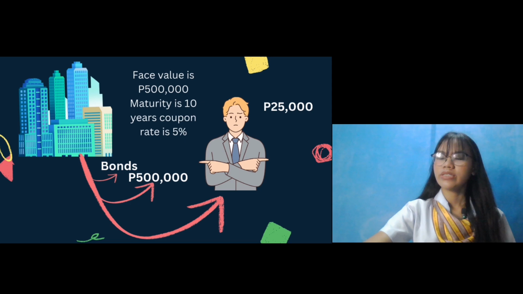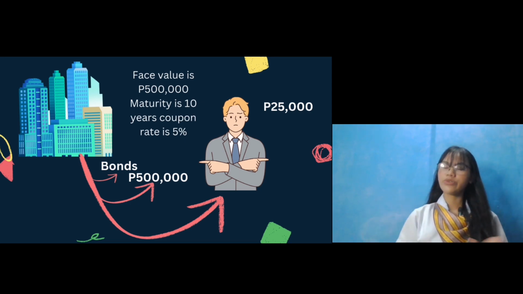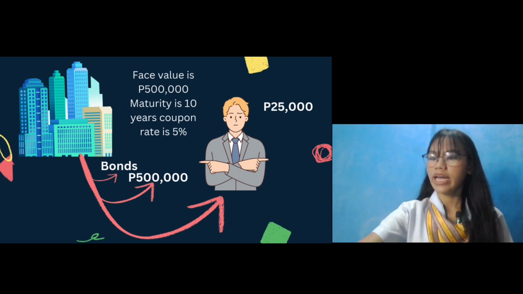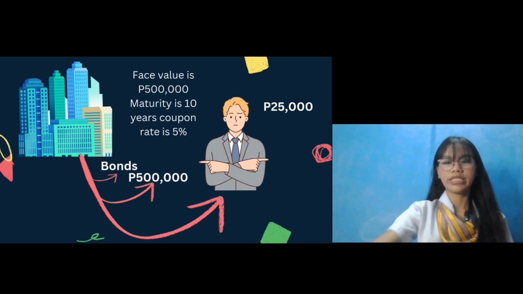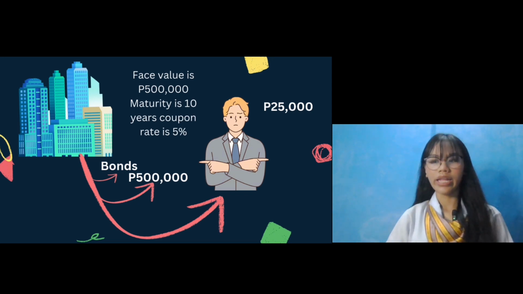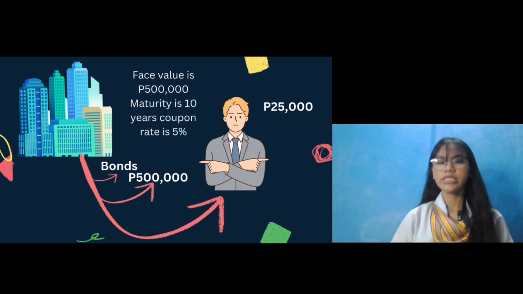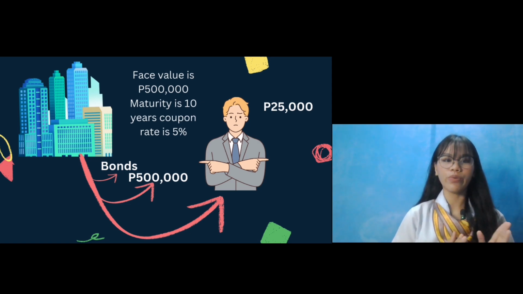Now in our illustration, you can see that this is Company A, and let's say that Company A wants to build a condominium, so they will offer bonds.